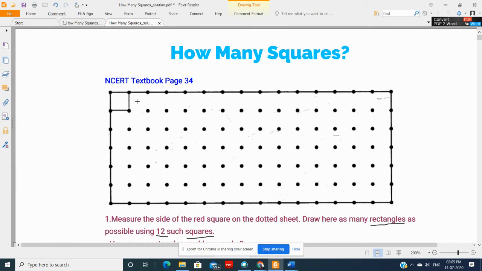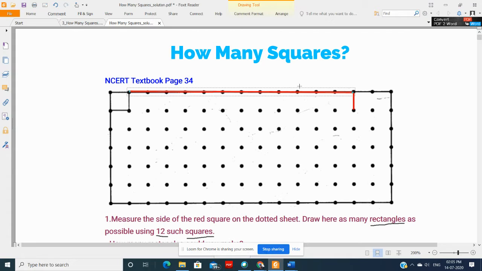Okay, so let's start taking one square, 2, 3, 4, 5, 6, 7, 8, 9, 10, 11. Okay, and then here this is 12. So this is your 1. See, these are your 12 boxes, right? These are your 12 boxes.